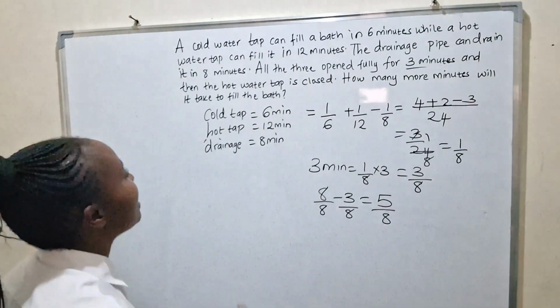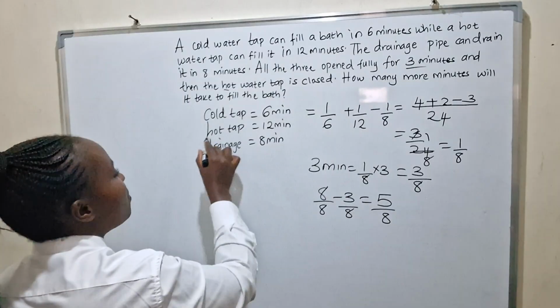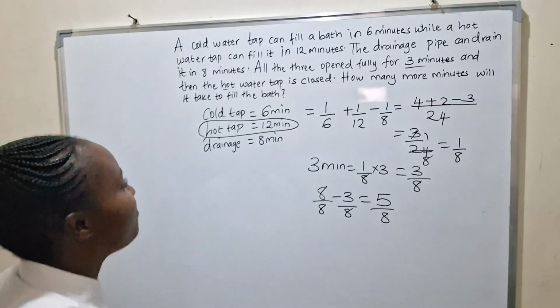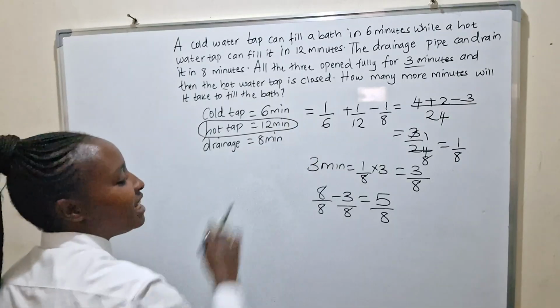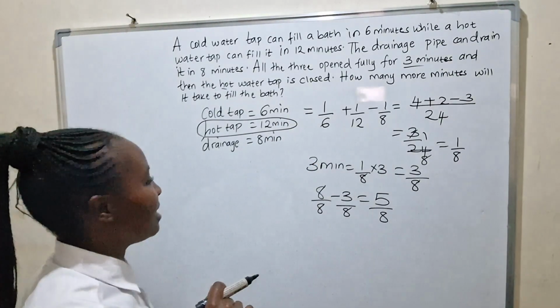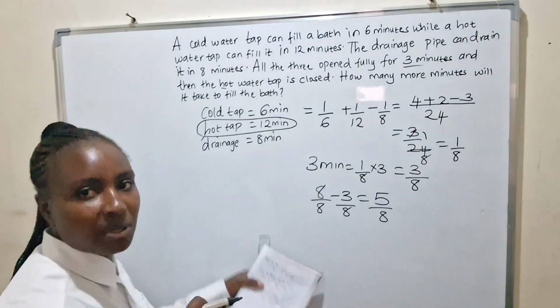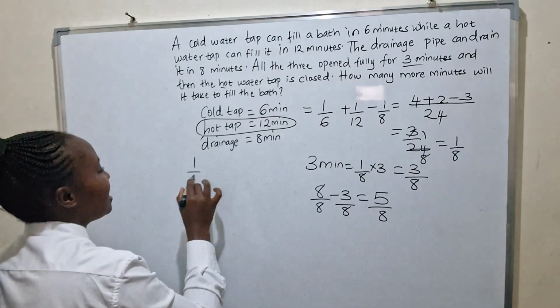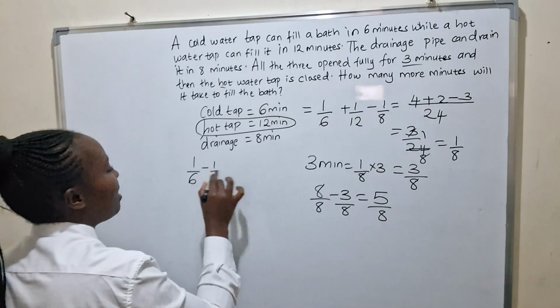But now the hot water is closed. So this one is closed, right? So we need to know, if we open the cold tap and the drainage, how much water will it have for 1 minute, okay? I think we can switch to this side. So we need 1/6 and you subtract 1/8.